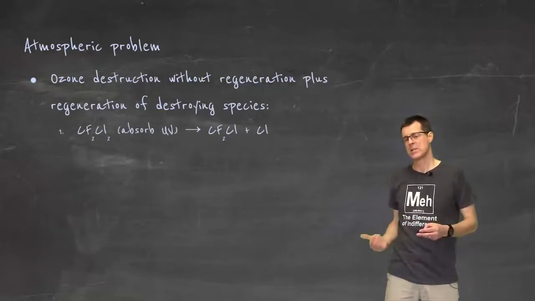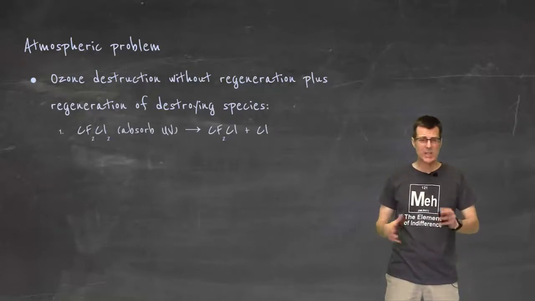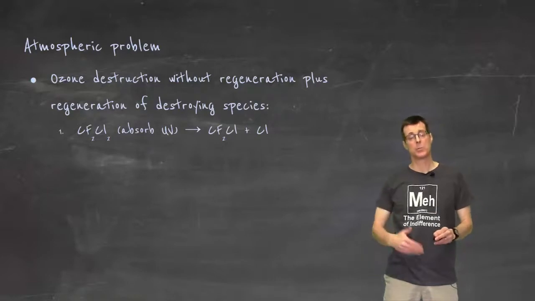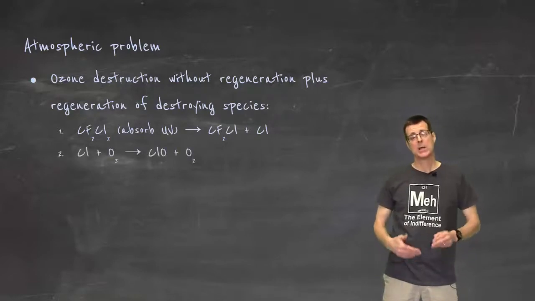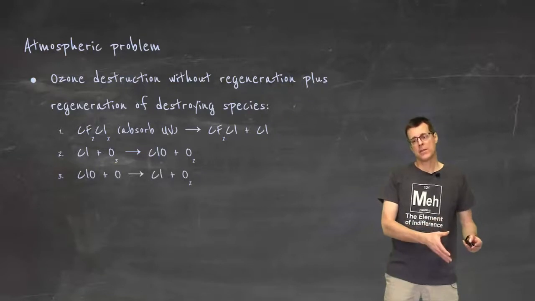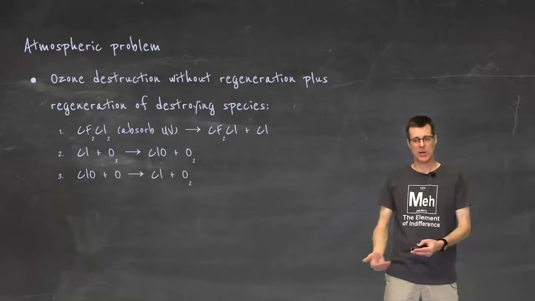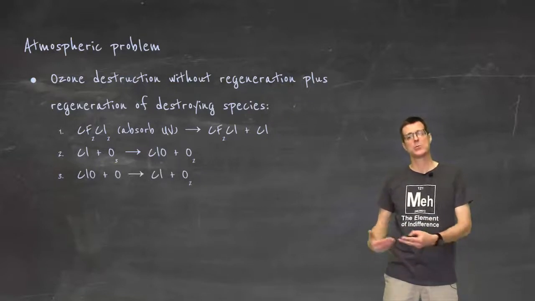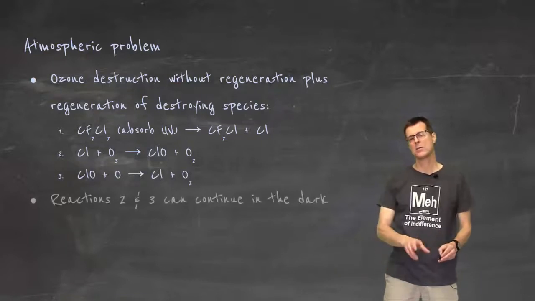So they found out that CFCs, and there were several of them, I've just picked one of them here, will break a chlorine atom off. And that chlorine atom can go out there and it can react with ozone to produce this other thing. And then that thing can react with the oxygen atom to produce other things. Now, two things that are important.